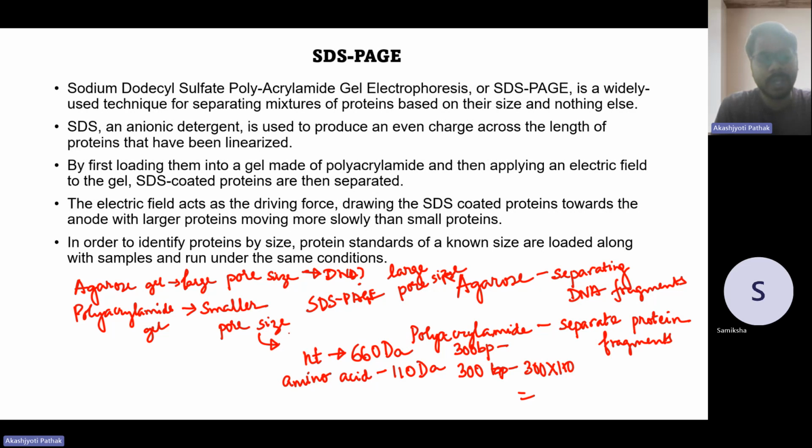So for DNA, you require a gel having larger pore size compared to proteins, because proteins have a smaller molecular weight compared to the DNA.